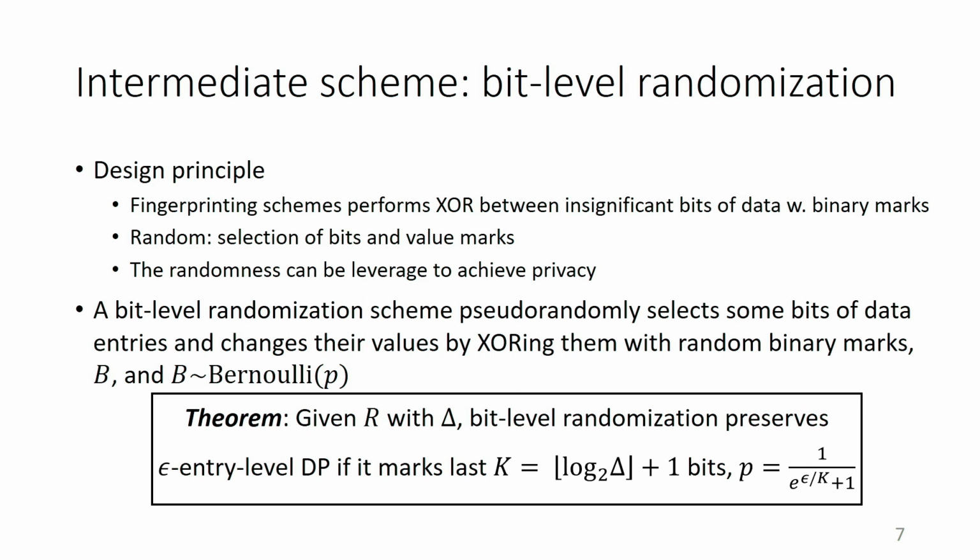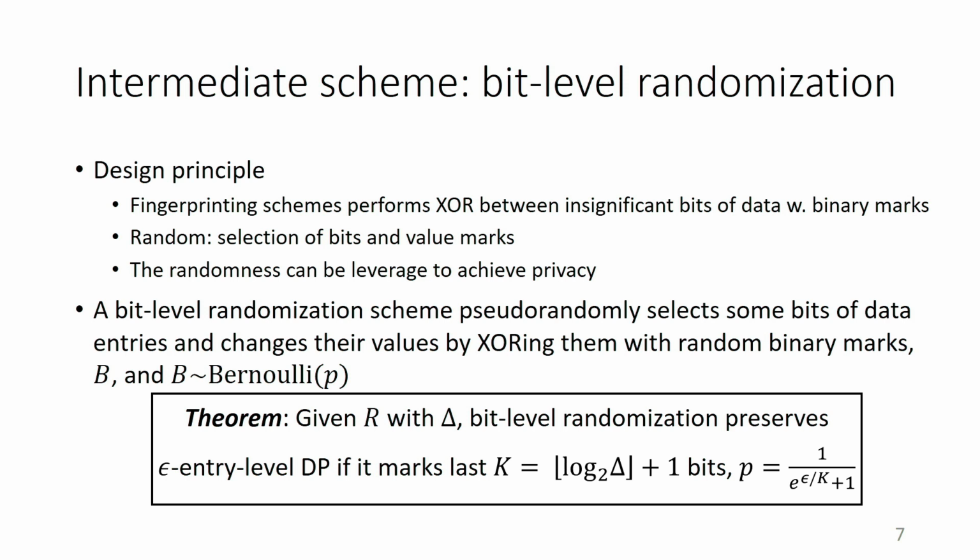So before arriving at our privacy-preserving fingerprint scheme, we first develop an intermediate step. It is called bit-level randomization, and we list the design principle here. So we first notice that all the fingerprint schemes essentially conduct an XOR operation between the insignificant bits and random binary marks.